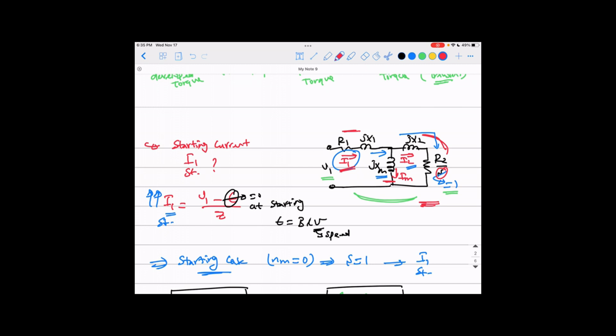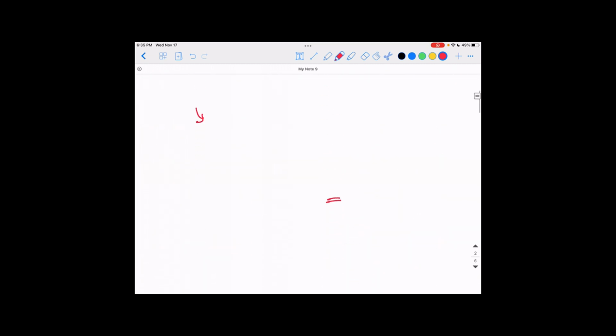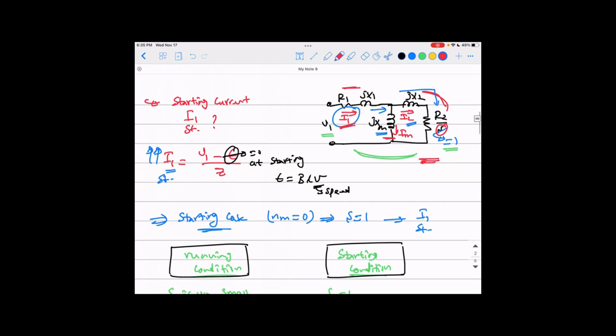So if you want to find the motor current or the stator current I1 at the pullout torque, just calculate the slip at the pullout torque using the equation we just derived, and place it here in the equivalent circuit, solve the equivalent circuit to find the current, and this will be the stator current at the pullout torque. And also the pullout torque of the machine can be found using the equation we just derived. Okay, guys?